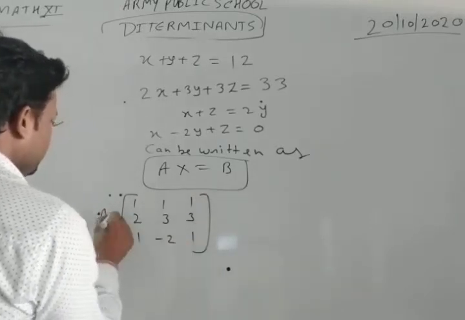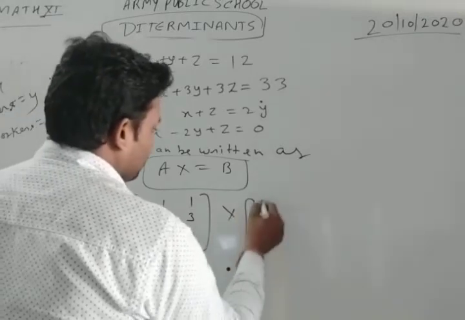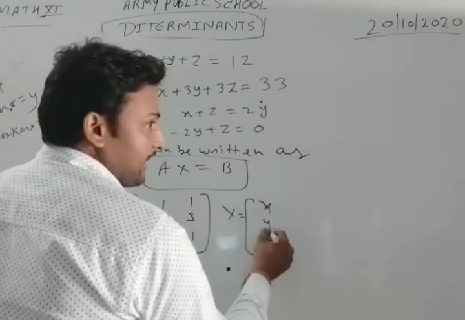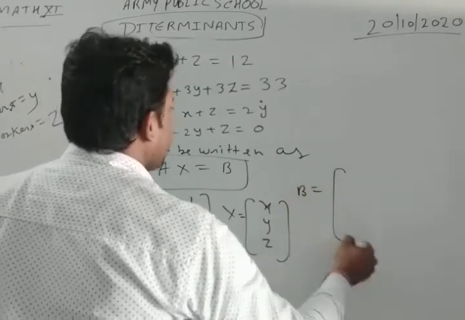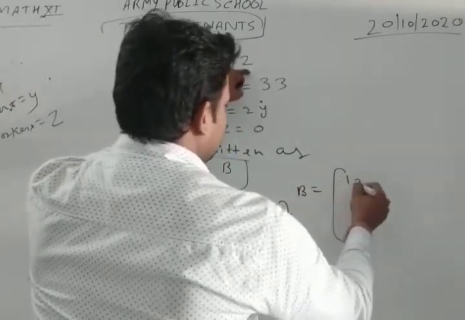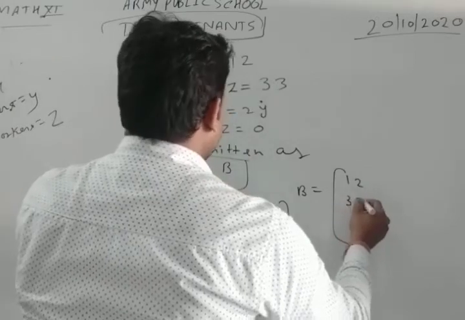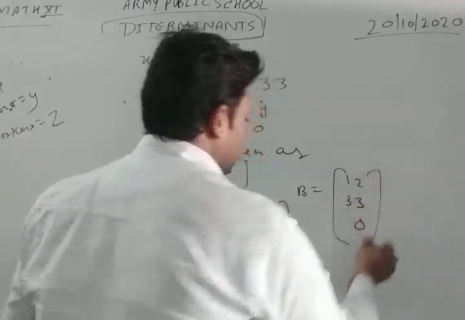This is our A. X is x, y, z, and B is 12, 33 and 0.